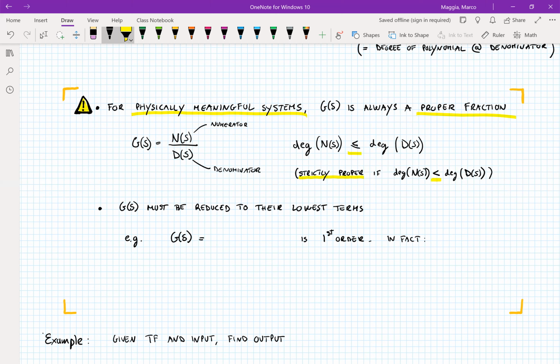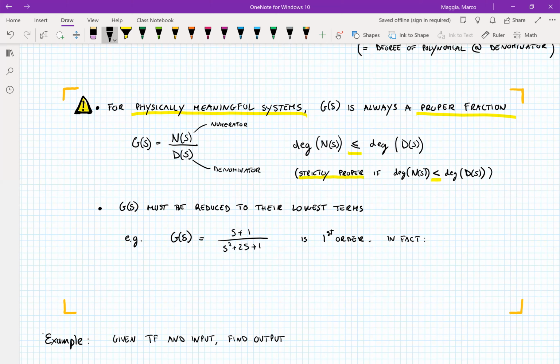And also something very important is that the transfer function must be reduced to the lowest terms. And what I mean by that is the following. Let me give you an example. So if we had g of s equals s plus 1 over s squared plus 2s plus 1, one would be tempted to say, oh, this is a second order system because the degree of the denominator is 2.